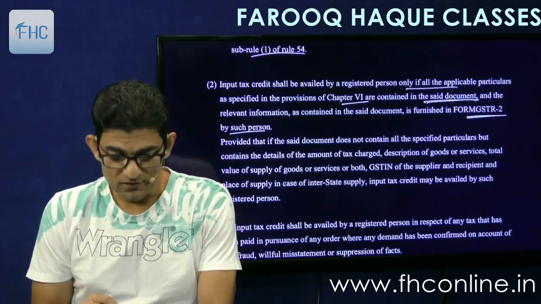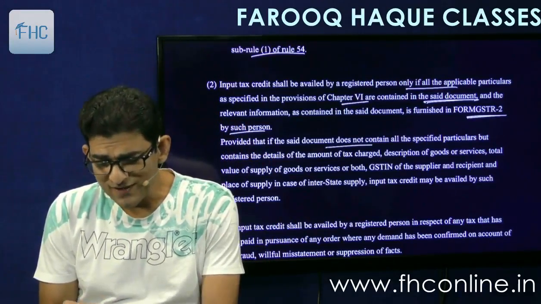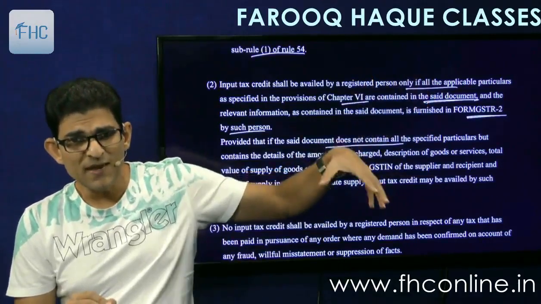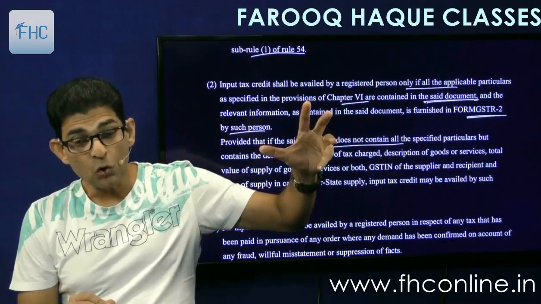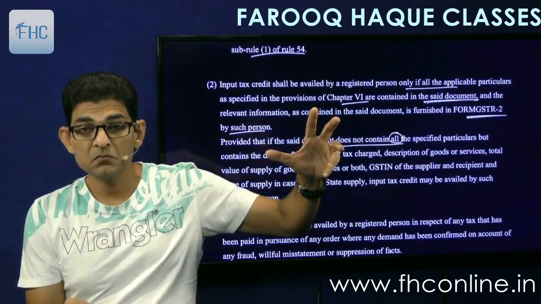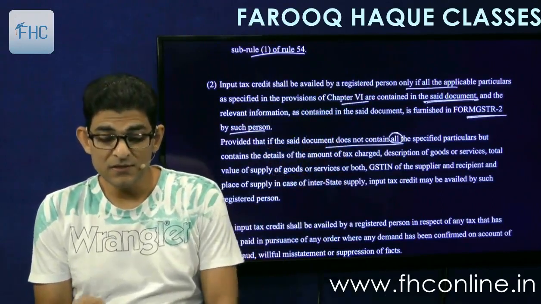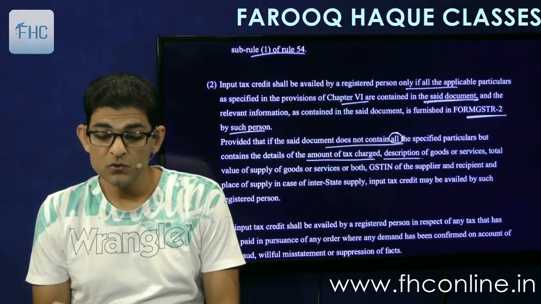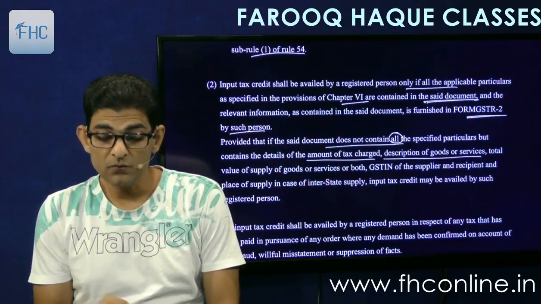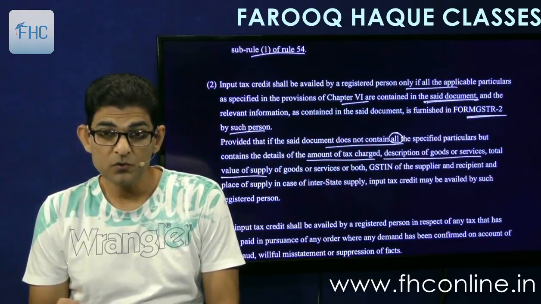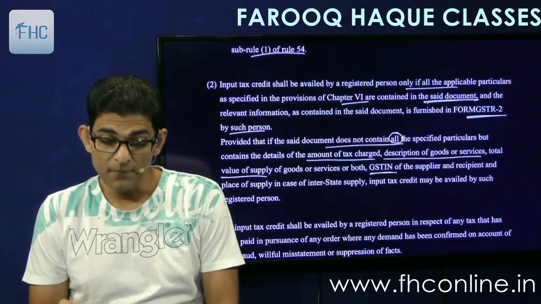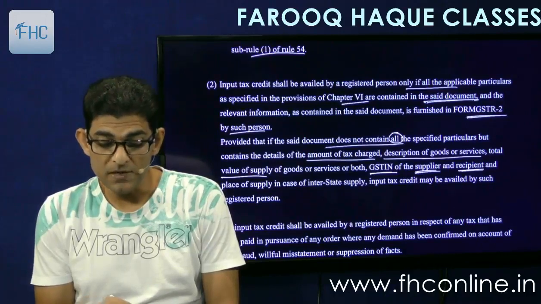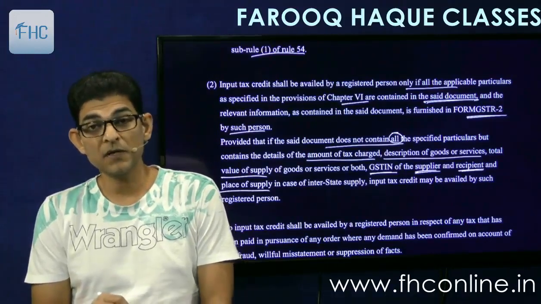But there is a proviso that if the said document does not contain all the specified particulars, meaning the invoice that is given by the supplier to me does not contain all the information, but contains the details of the amount of tax charged, description of goods or services, total value of supply of goods or service or both, GSTIN number of the supplier and the recipient, and place of supply in case of interstate supply.